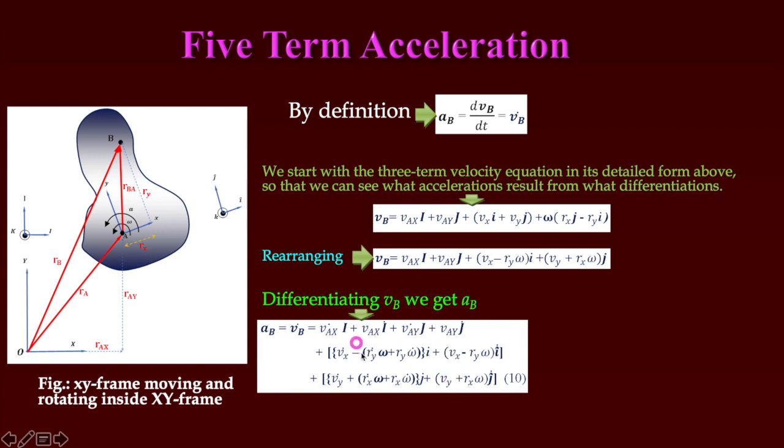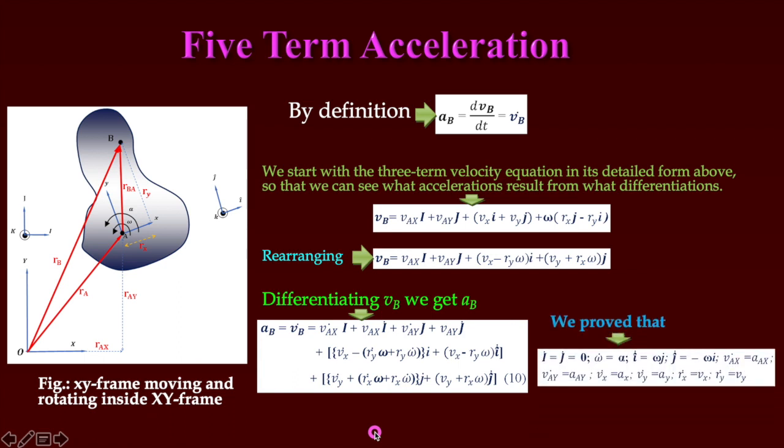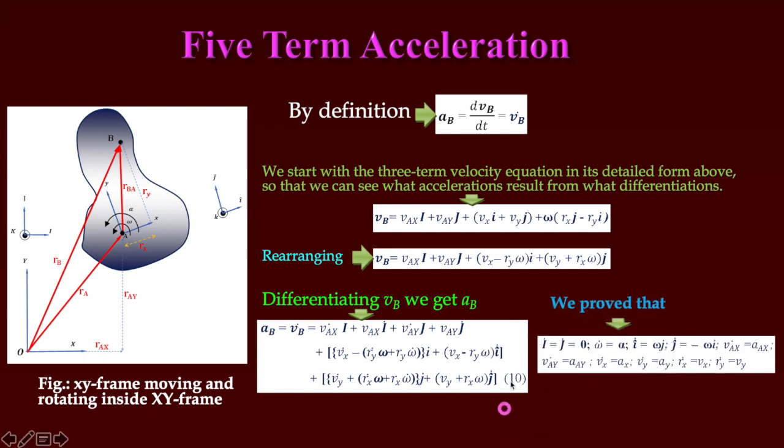Now we have to rearrange this acceleration equation. We know that i dot and j dot are 0. That I have already discussed in the last class. Again I repeat here that capital I and capital J are the unit vectors with respect to the fixed reference system.